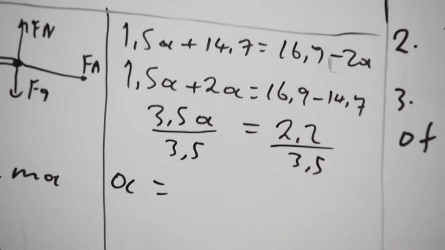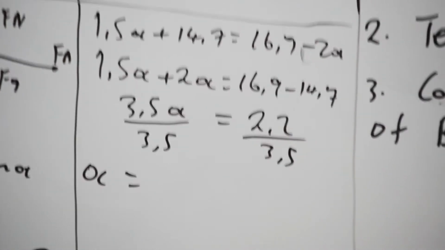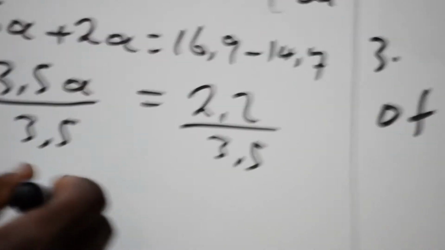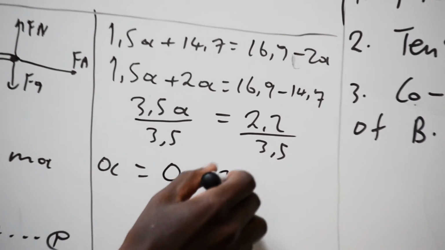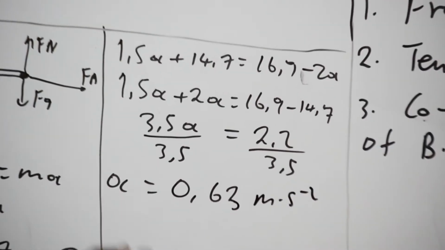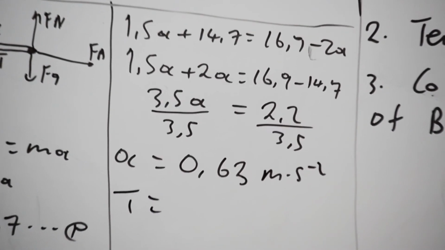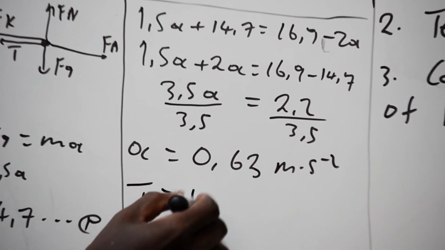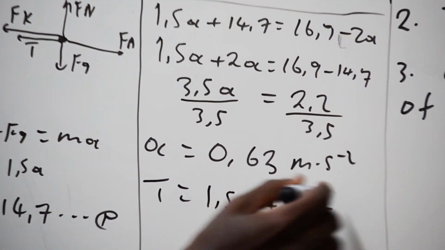So 2.2 divided by 3.5 equals 0.63 meters per second squared. Now take your tension. You can use equation 1 or equation 2, it depends on you. I love to use equation 1, plus 14.7.